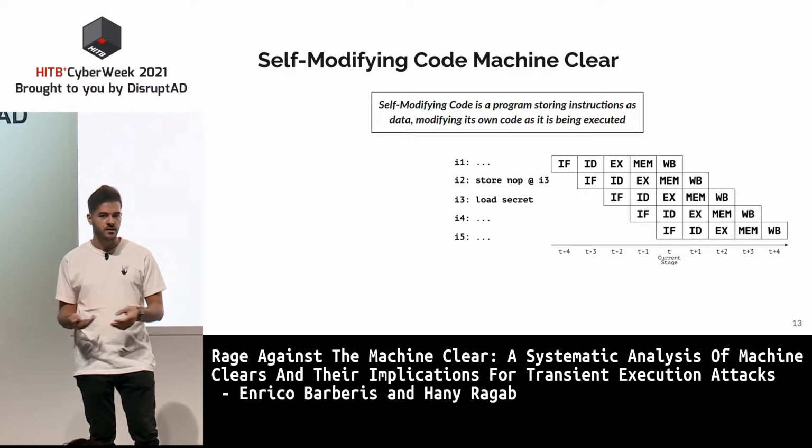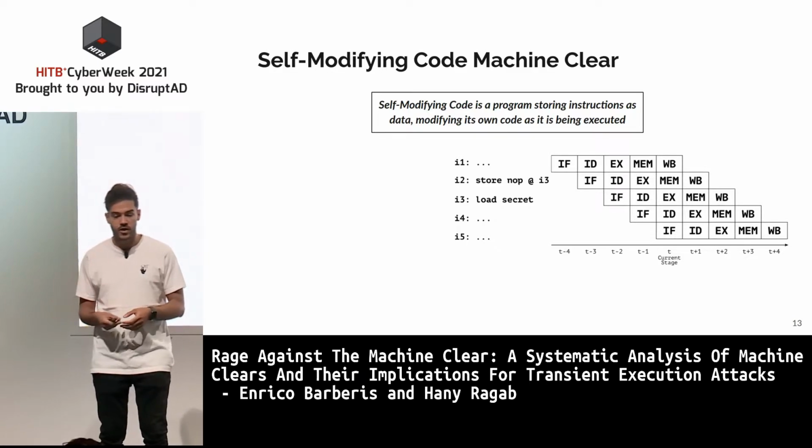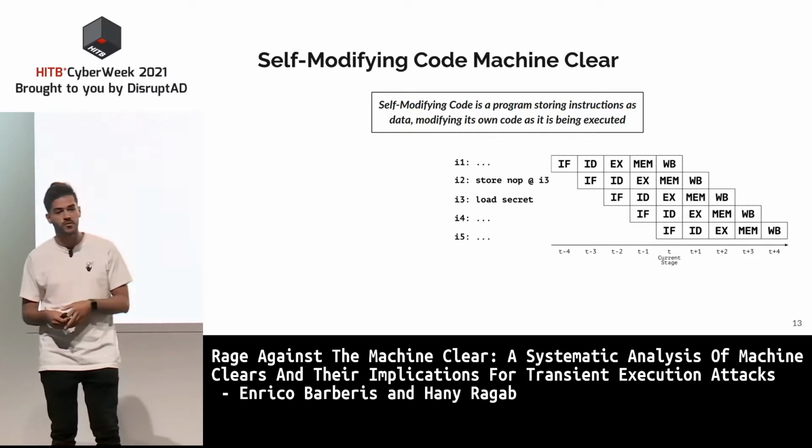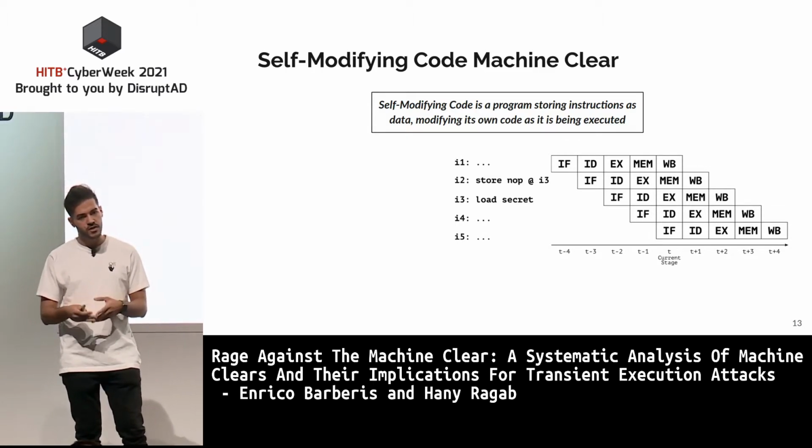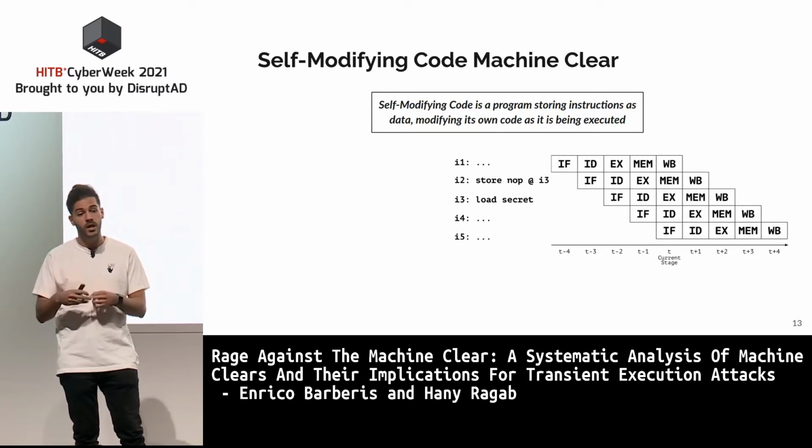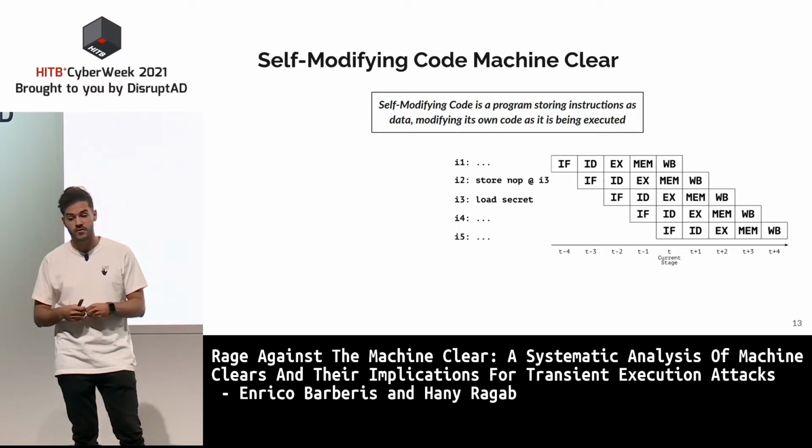The front end of modern CPUs, in order to maximize the execution throughput, will fetch, decode, and execute speculatively well ahead of the architectural retirement point.